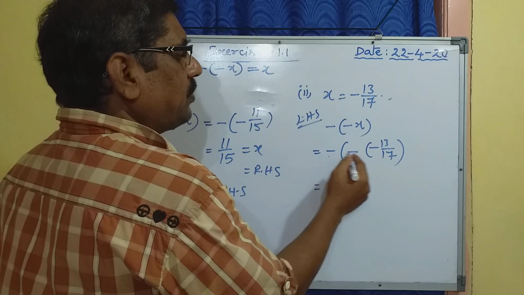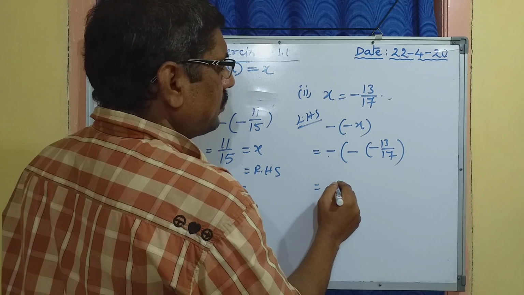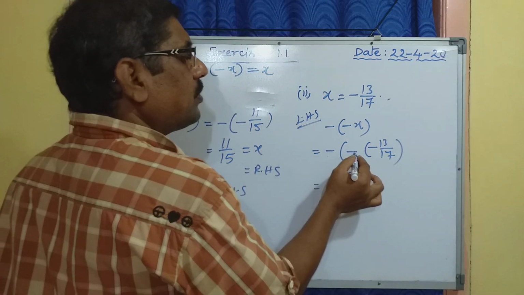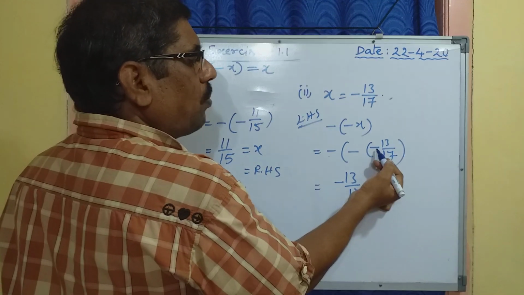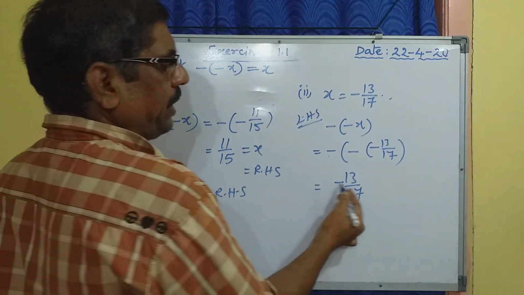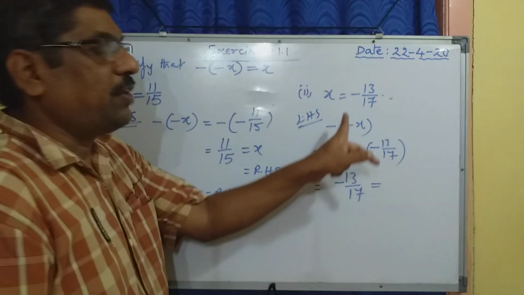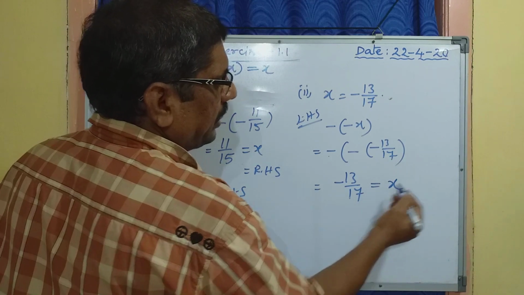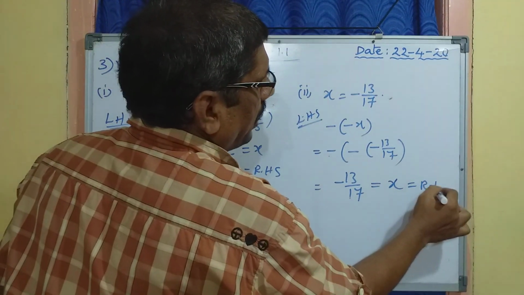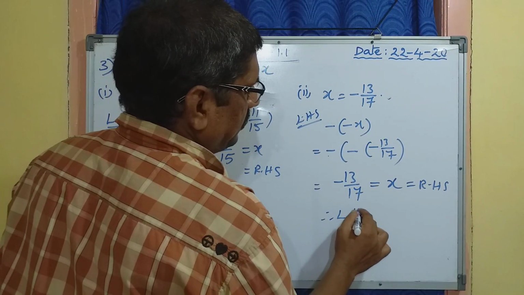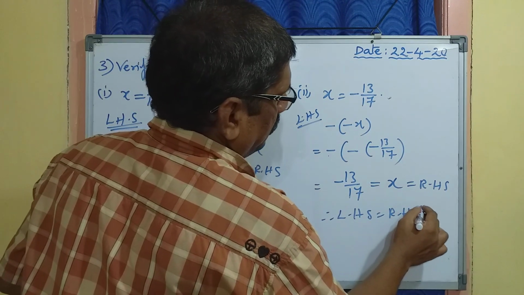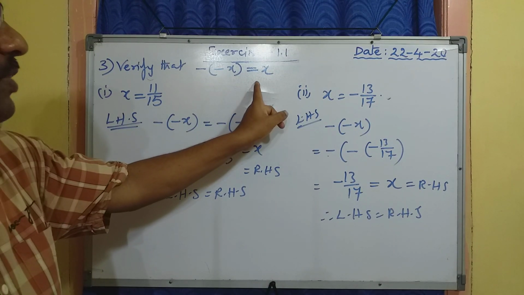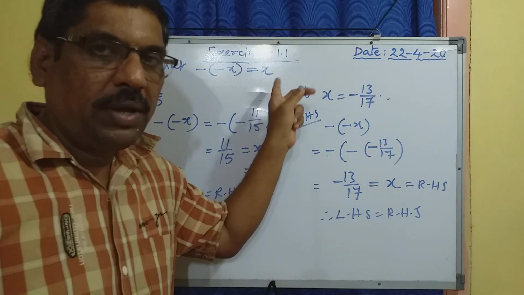So we will get minus of minus plus minus 13 by 17. Okay, these two minuses will become plus, and there will be one more minus left over. So minus 13 by 17. So as per the given problem, what is x? Minus 13 by 17. So we can take it as x. Therefore this is RHS. Therefore we get LHS is equal to RHS. So in both the problems we have proved minus of minus x is equal to x. Okay.